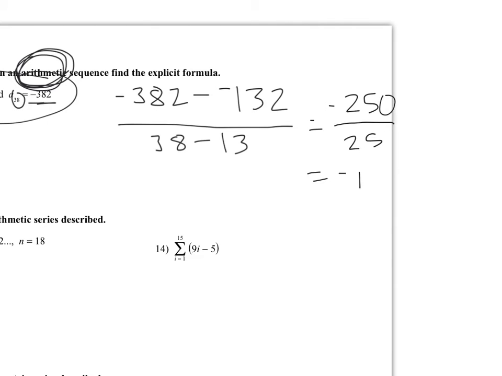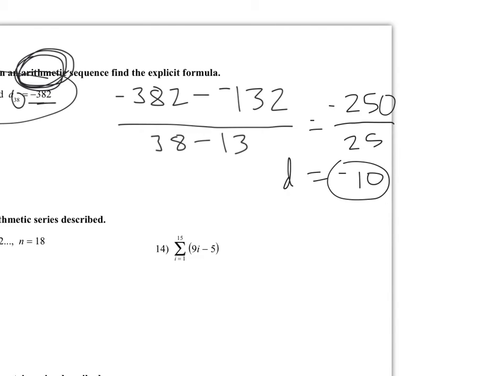Divide that, and you get negative 10. So negative 10 is your common difference, because a common difference in an arithmetic sequence is a constant rate of change, or that's analogous to the slope of a linear function.